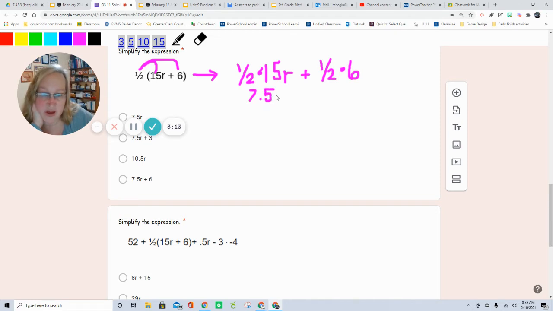So it's 7.5 R plus 1/2 of 6 is 3. So your answer is here. It won't let me do it, but it's right there. Okay, moving on to the next problem.